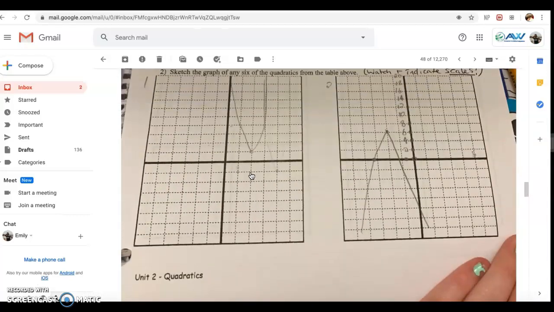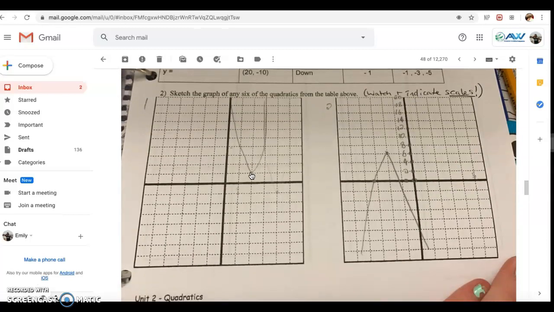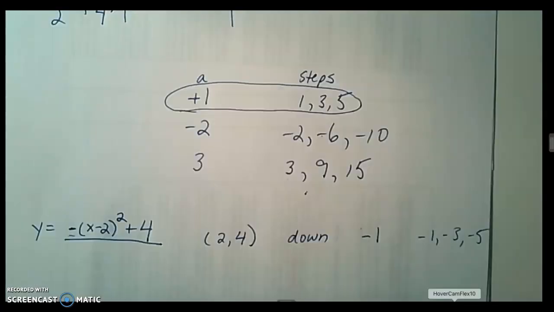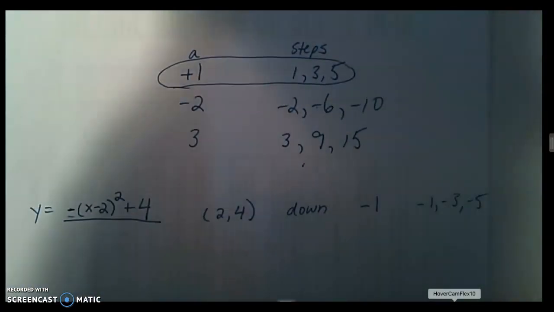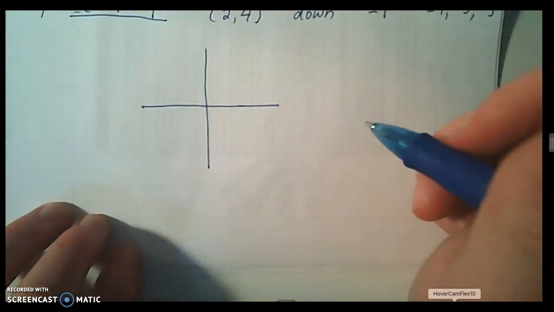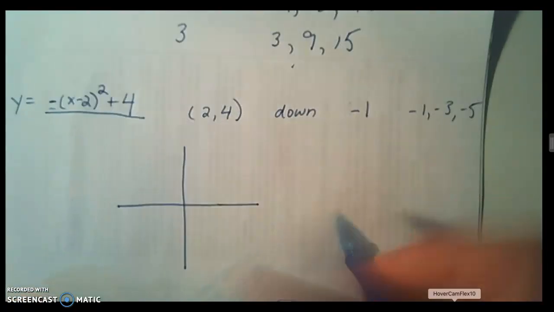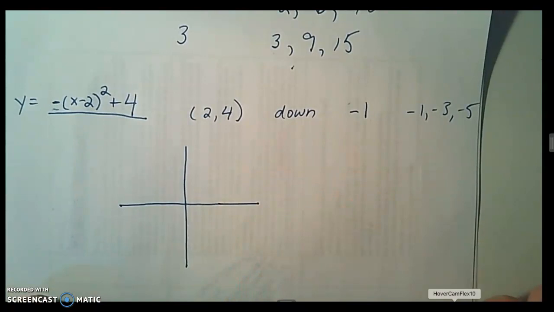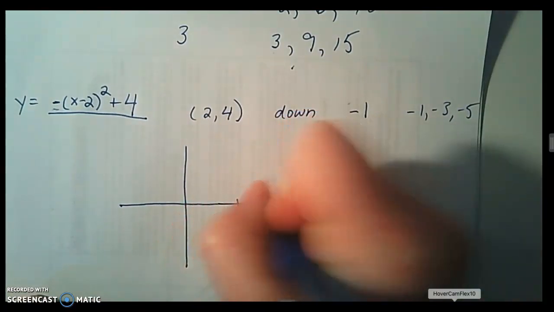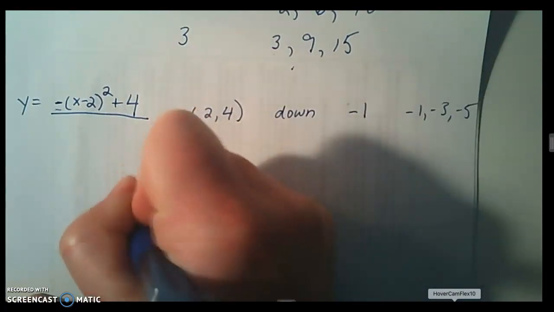And then the last thing it asks you to do is graph. So let me show you what a graph of that function I was just talking about would look like. Okay, so you have your axes. This is a little bit tricky because different parabolas are going to require different axes, but let's just say that I've got 5, -5 on each.